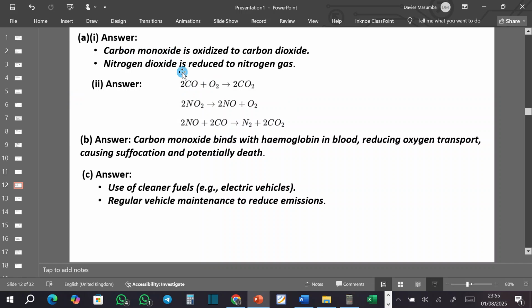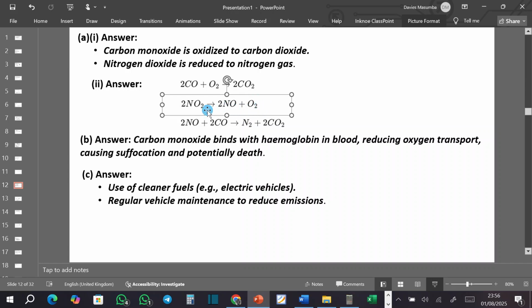So carbon monoxide reacts with oxygen to form carbon dioxide, which is less harmful. Then nitrogen dioxide is reduced to nitrogen oxide plus oxygen.